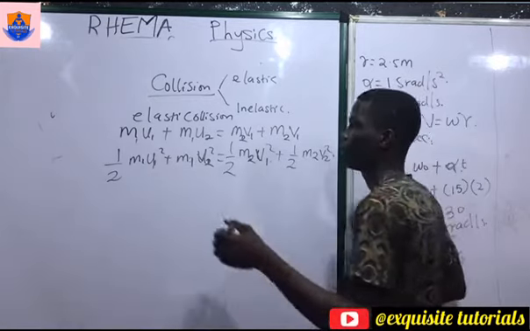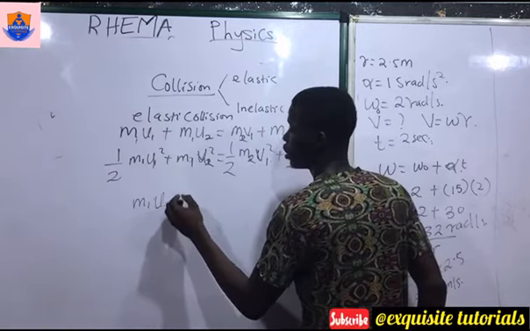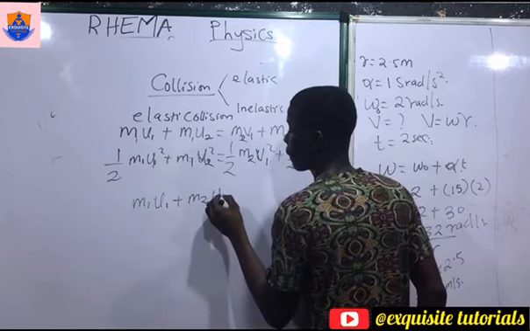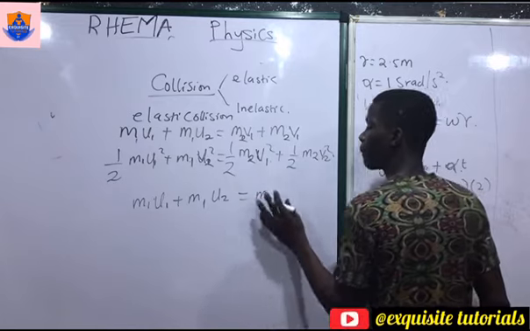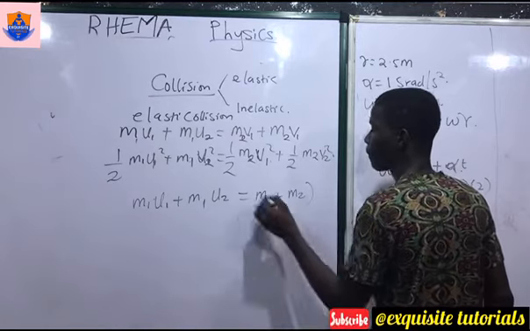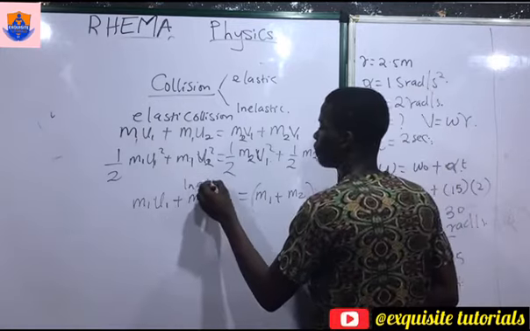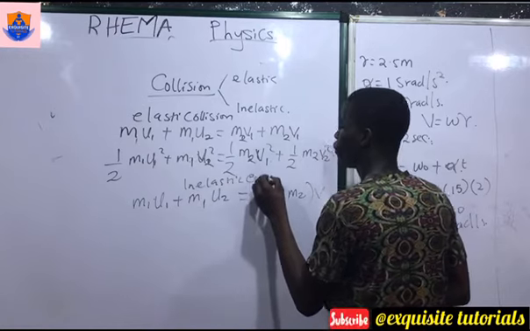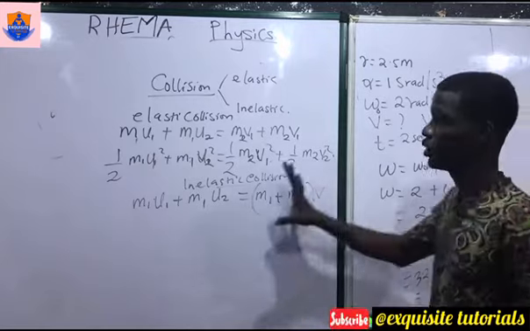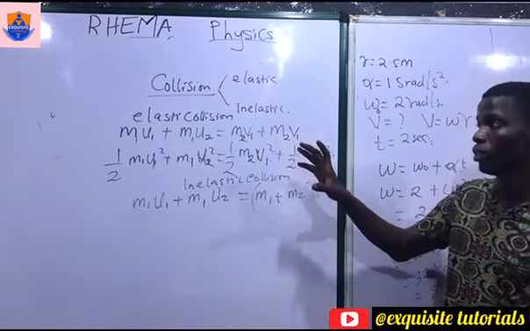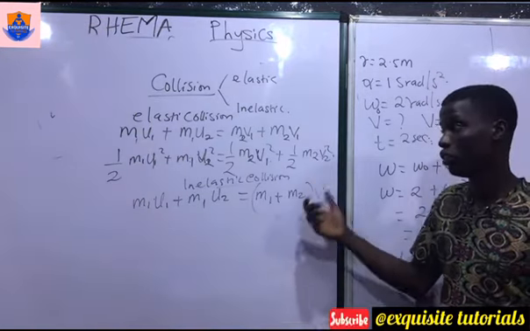Therefore, inelastic is almost the same thing as the elastic, but the only difference is that at the end of it, they share an equal value of their final velocity.